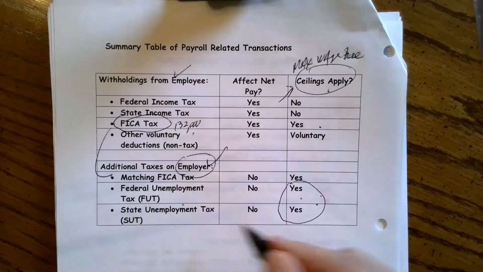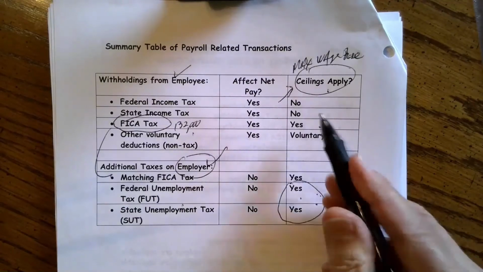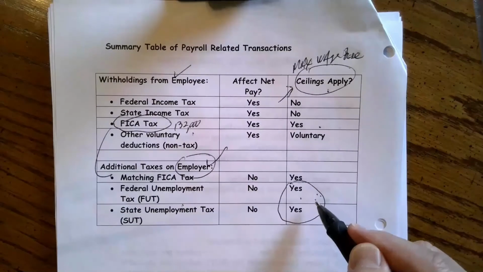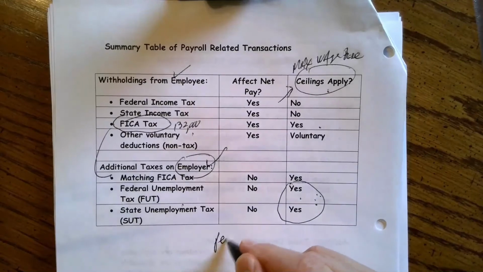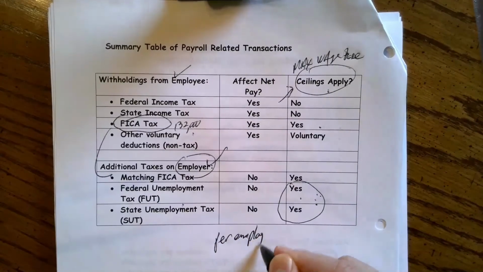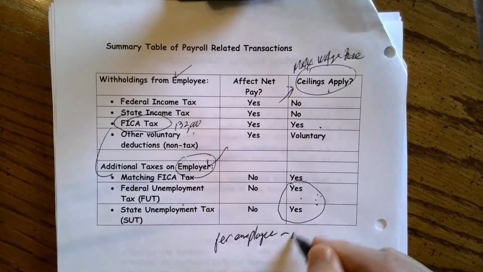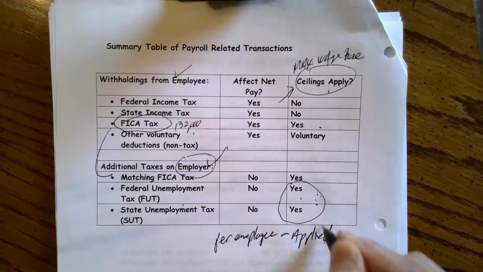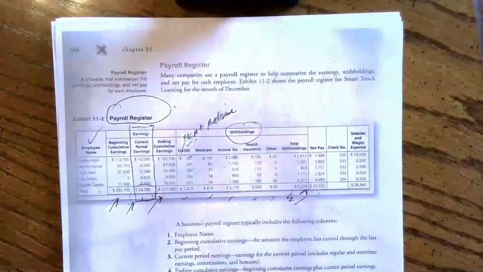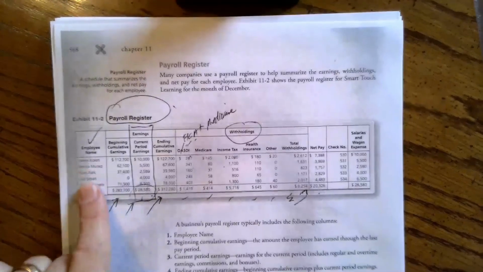So FUT and SUT are both subject to a ceiling which is fairly low, but per employee. Ceilings are applied per employee. Hence the need to keep this register by employee.